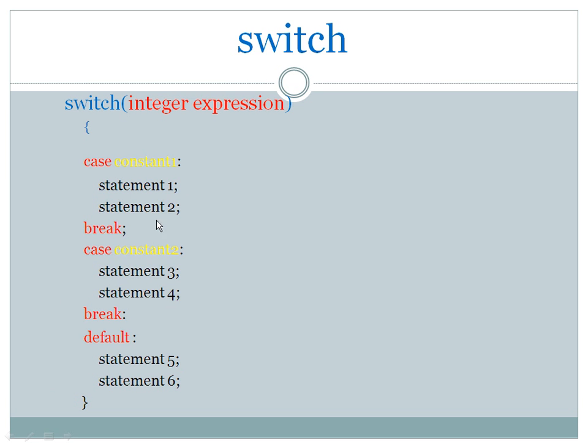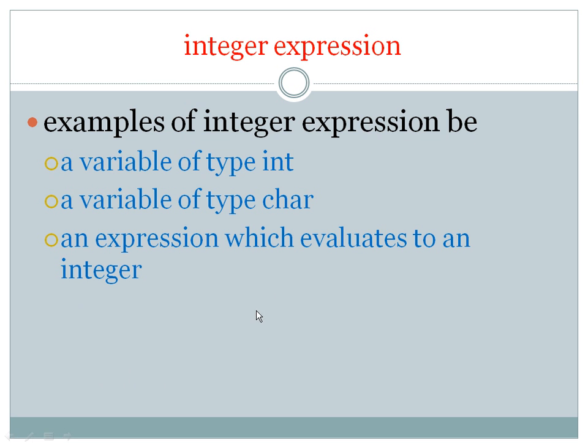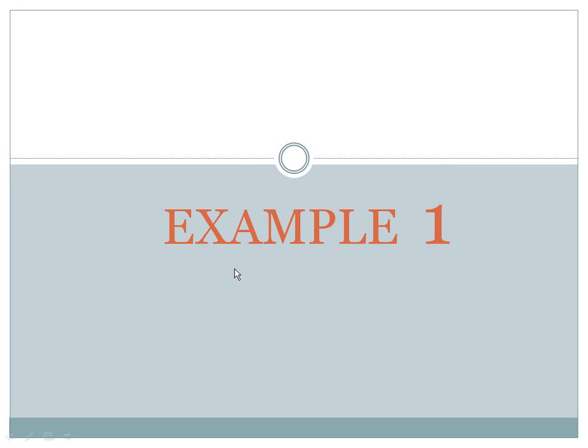And if none of the cases is matched, it directly comes to the default case, so default statements 5 and 6 will be printed. Examples of integer expressions can be an integer, a character, or any expression which evaluates to an integer.